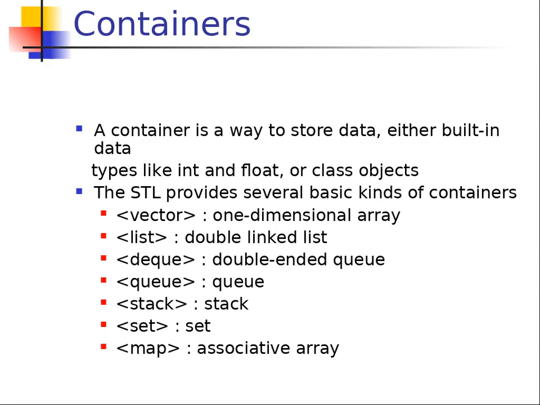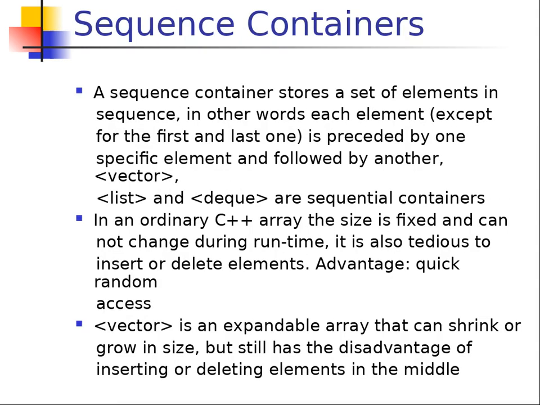Stack, a set. We'll get to sets in a moment. Set is when you're just saying, I have these elements. Does this element exist in the set? And then a map is an associative array, which we will get to later, also known as hash tables, if you did that in OOP or Java. Did you call them hash maps or hash tables? I forget. Hash maps. Hash maps, that's right.